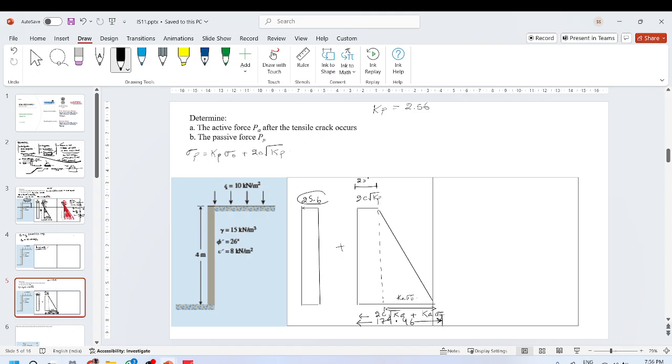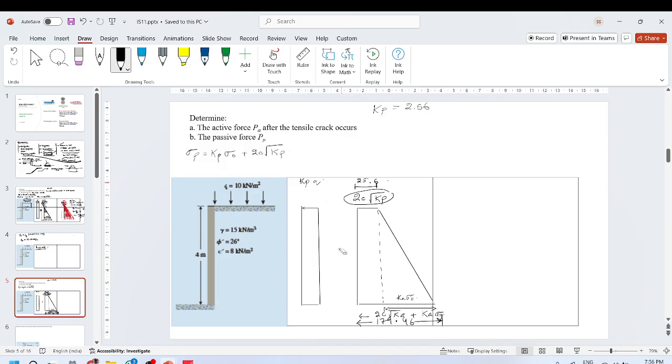Left hand side diagram you can erase, madam, because you have already written trapezium, no? Rectangle plus triangle. But I have written only 2C root Kp. That value only I told, 25.6 on the top. But then here you will also have Kp into Q. No need, madam, that entire diagram you can remove.